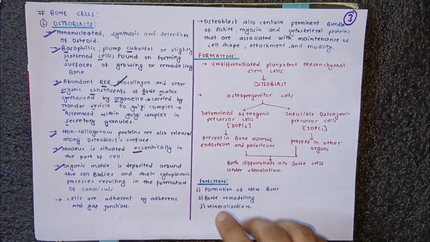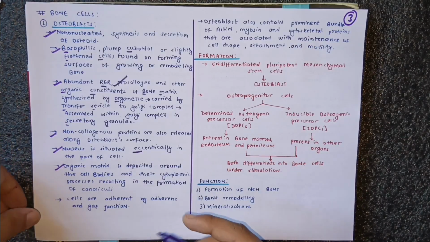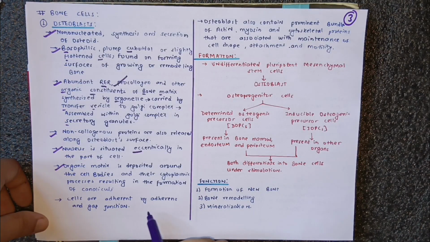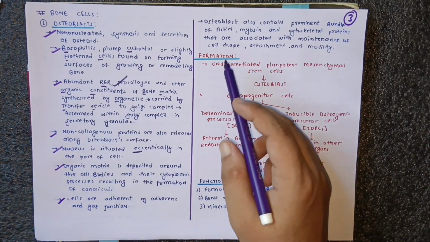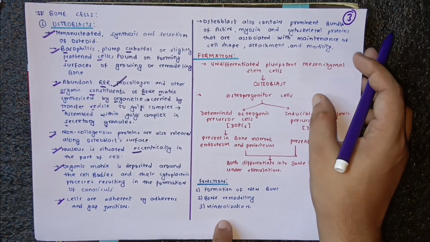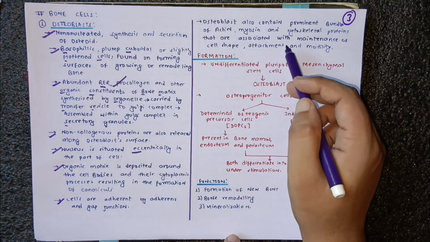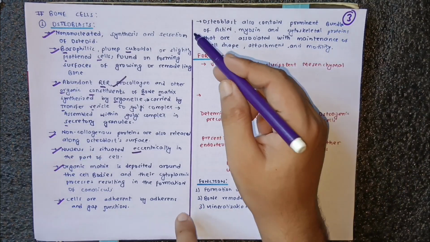This we can learn, but it is not too important, though you can look at it once. After that, cells are joined by adherens and gap junctions. Osteoblasts also contain prominent bundles of actin, myosin and cytoskeletal proteins that are associated with the maintenance of cell shape, attachment and motility.